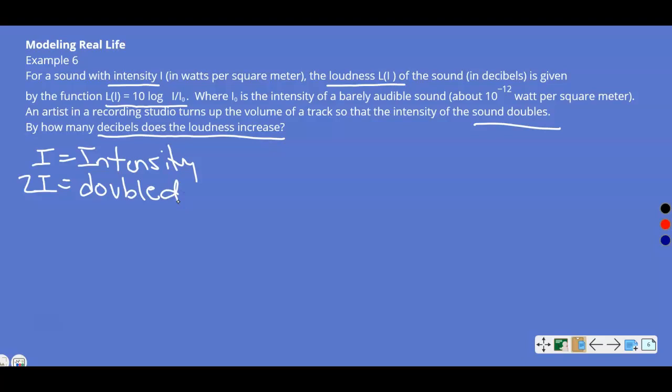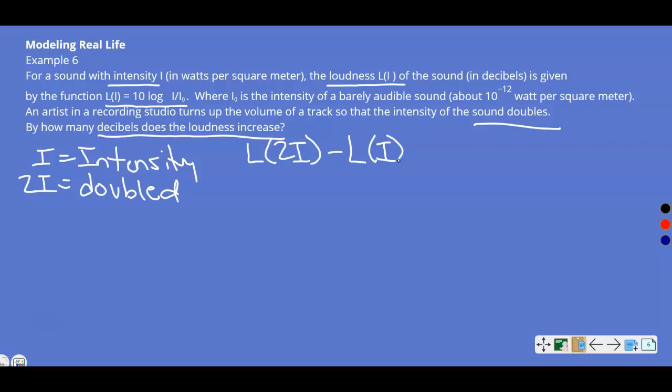All right, so we want to know the increase in loudness. So what does that mean? How much is it going to increase in loudness? We know that the function is written as L of I. So it's going to be L of 2I, that's the loudness when the intensity is doubled, and then we're going to subtract the loudness of the original intensity.